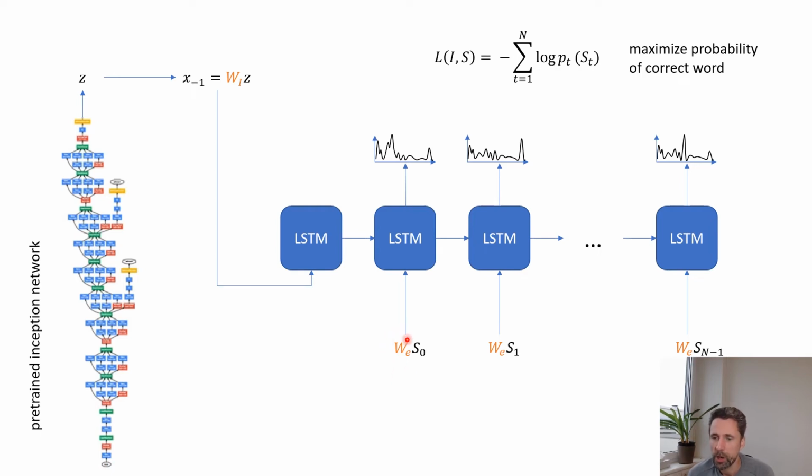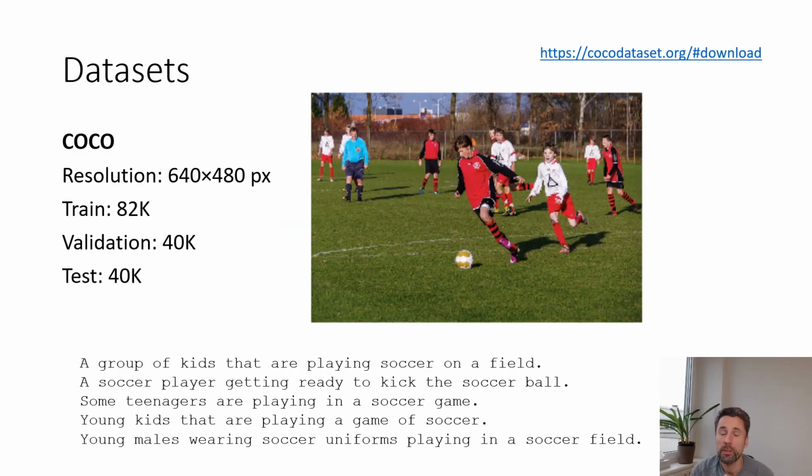The parameters we want to optimize are these word embeddings, this image embedding, and obviously the parameters within the recurrent network. So that's a pretty simple idea, right? Take a ConvNet, feed in your image, take an image representation that fits into your LSTM, and then generate words that are conditioned on that image input.